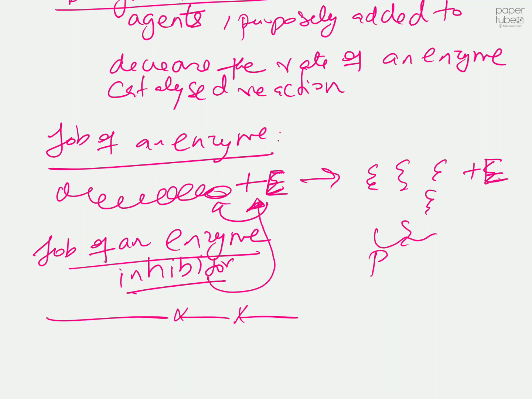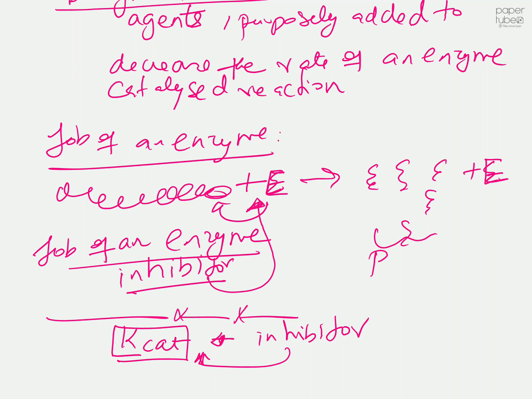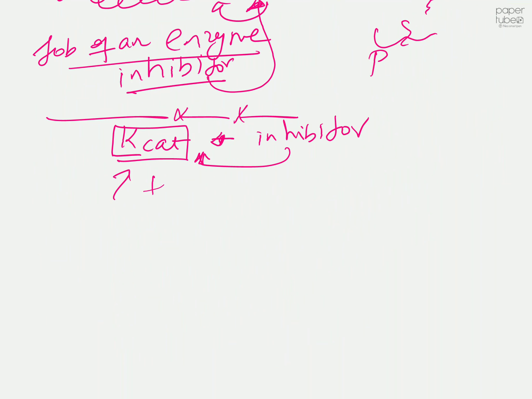They reduce the catalytic activity. So the inhibitor will ultimately reduce this number, which I called the turnover number. Once you have this inhibitor, it will decrease this number of an enzyme. So that's the job of an inhibitor.